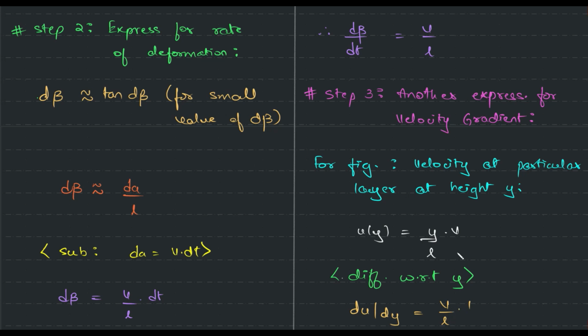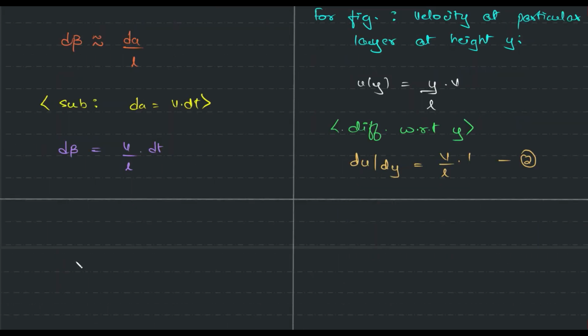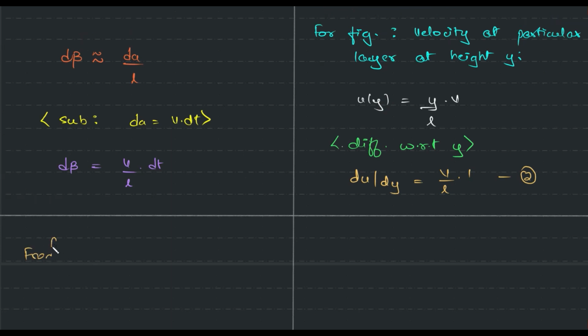And V by L. So from 1 and 2, what can we conclude? From 1 and 2, we have du by dy is equal to d beta by dt.